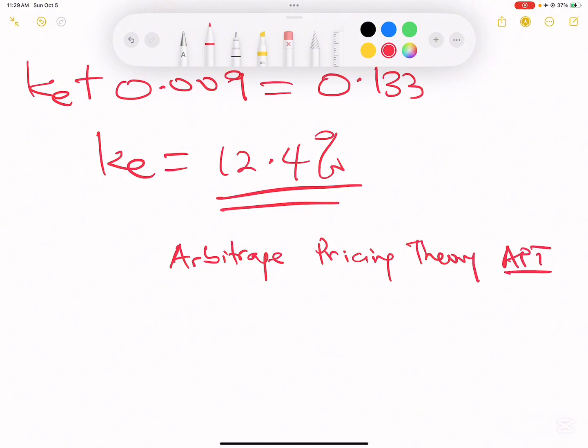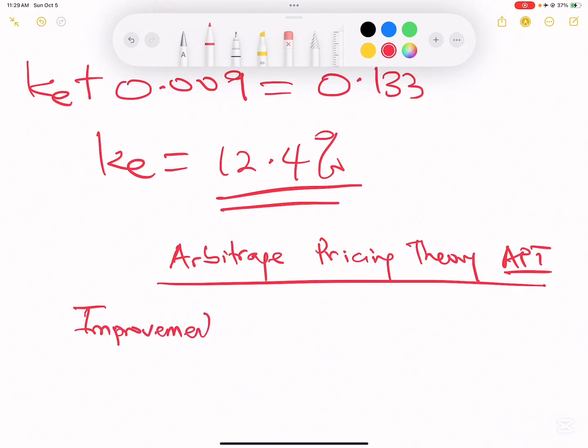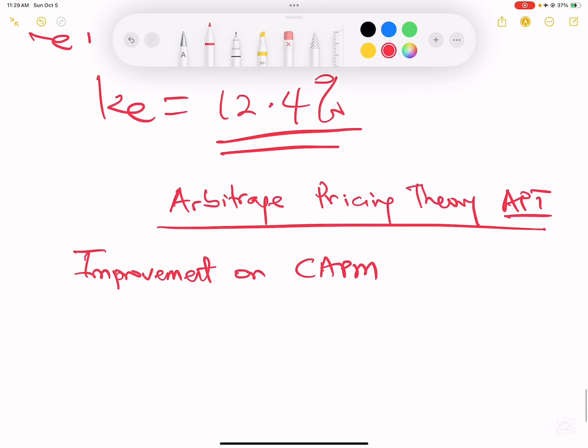APT. Very important. Though you won't see any calculation on this because most of the parameters that are used here are difficult to estimate. But the principle behind it is quite good, because this is an improvement on CAPM. Remember what CAPM says is that investors need to be compensated for the risk that they cannot diversify.